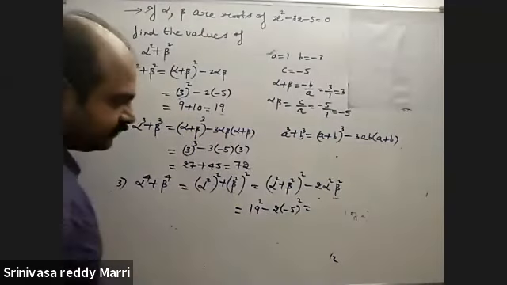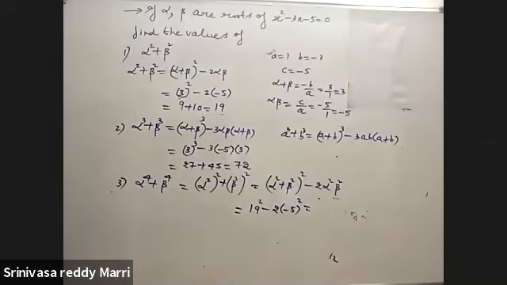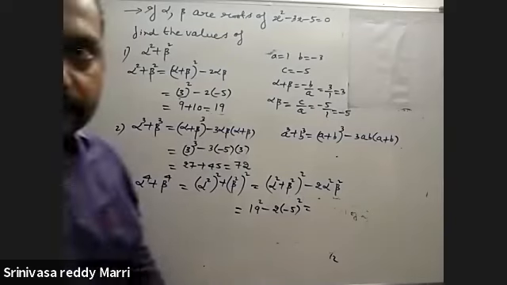So this is the value. You can calculate what is 19 into 19. This value you can easily calculate, no? Calculate it.